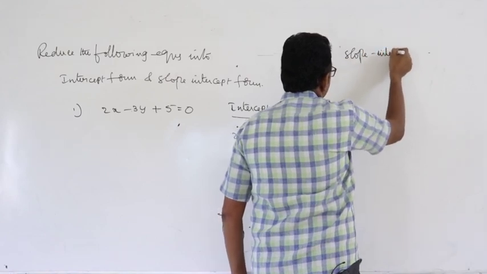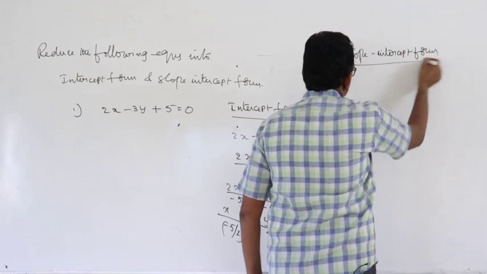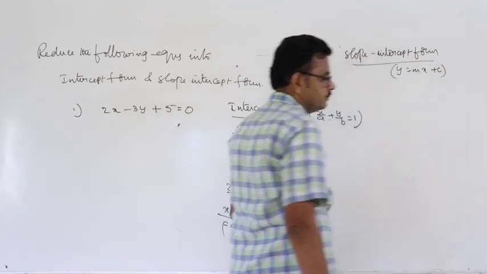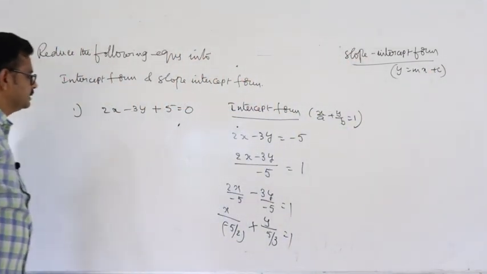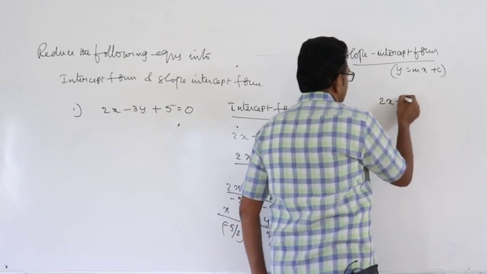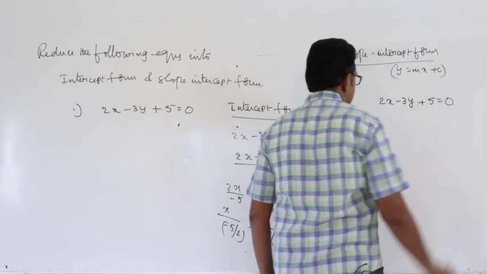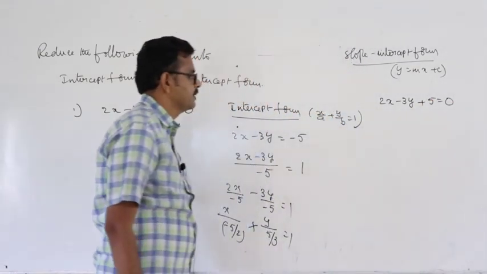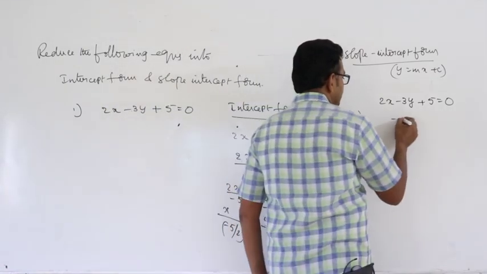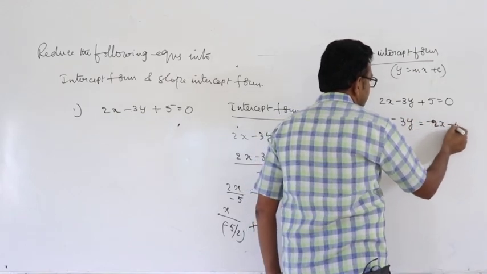This is intercept form. Next one is slope intercept form, that is y equal to mx plus c form. Now, the line is 2x minus 3y plus 5 equal to 0. So minus 3y is equal to minus 2x minus 5.